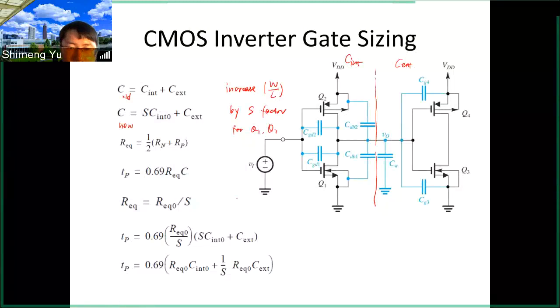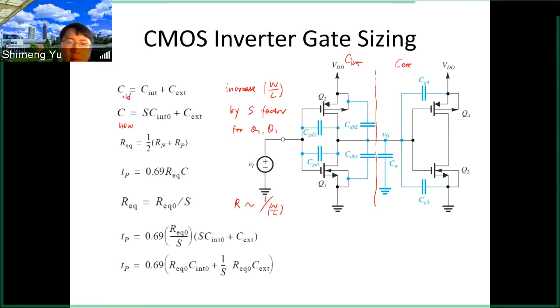If you recall, R is proportional to 1 over W over L. Then when you increase the size by S, this will decrease by S. So this is R old, and this is R new.